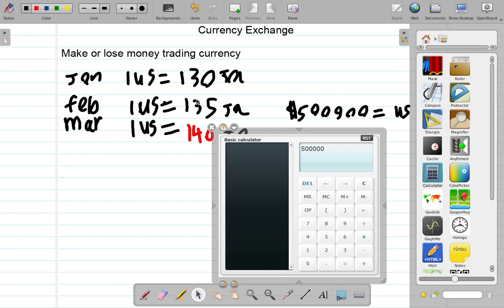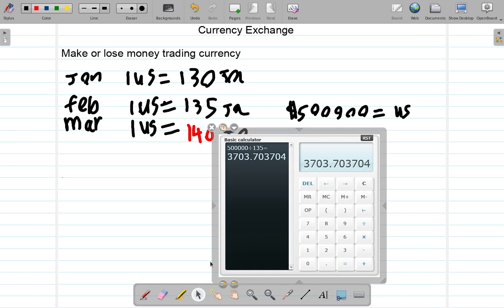When you say US dollar, the figure should be smaller. You say Jamaican, you say 135. When you say US, you say 1. So you're going to be dividing. You must divide 500,000 divided by 135 equals 3703.70.